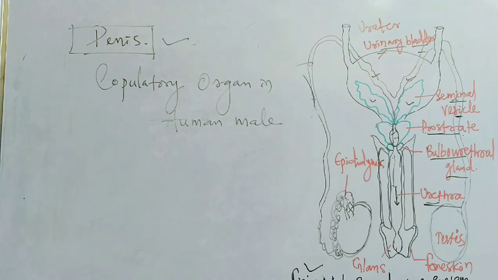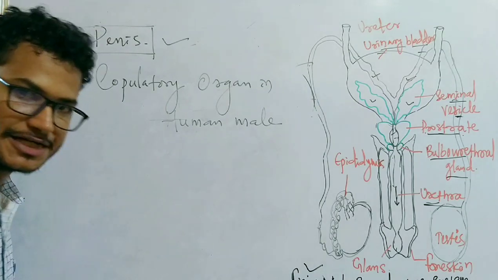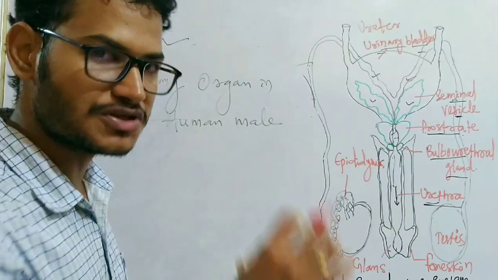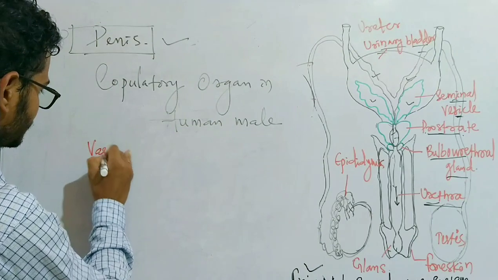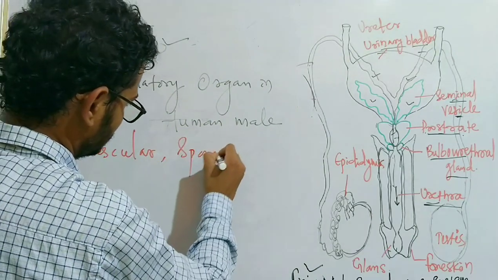It is made up of vascular, spongy, erectile tissue.